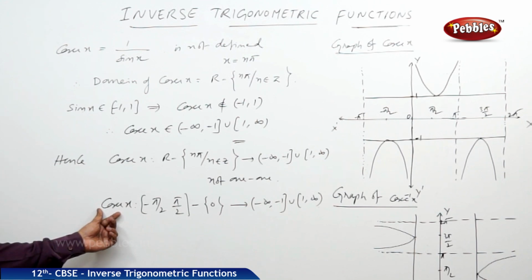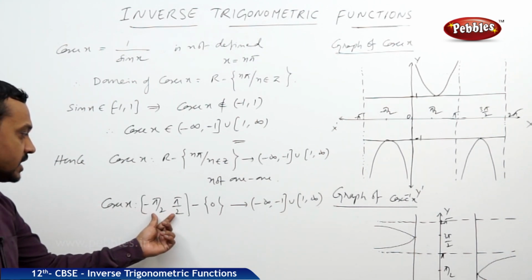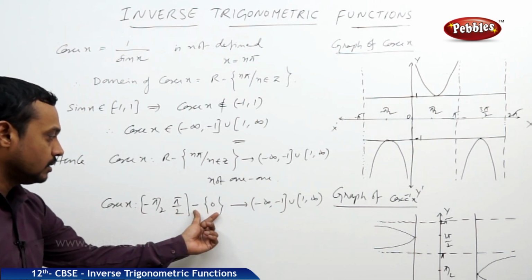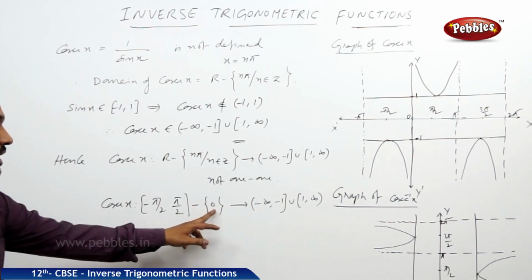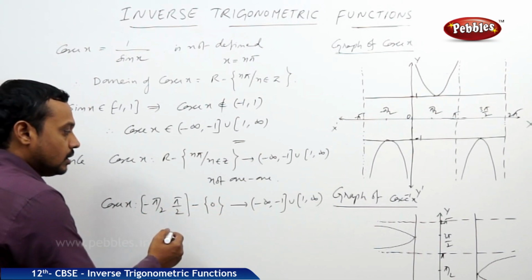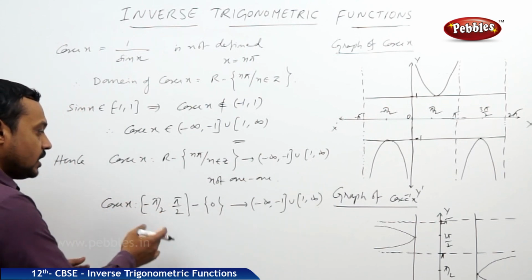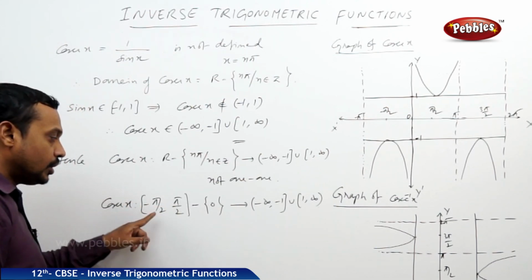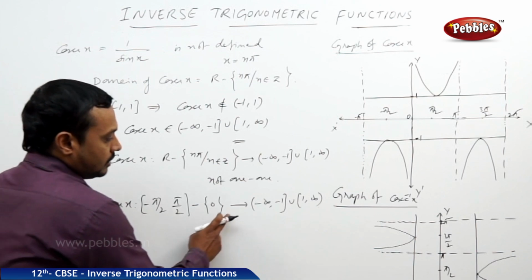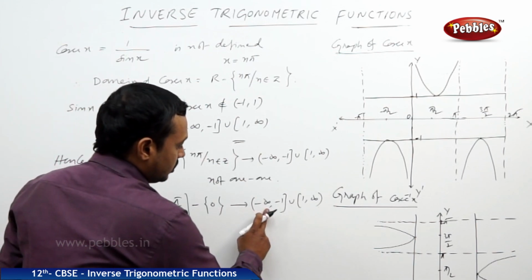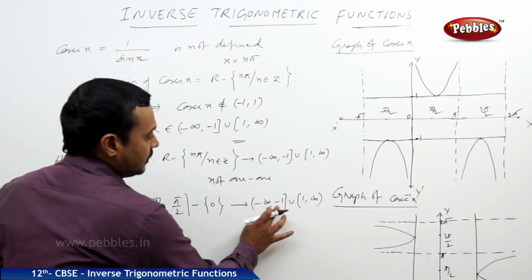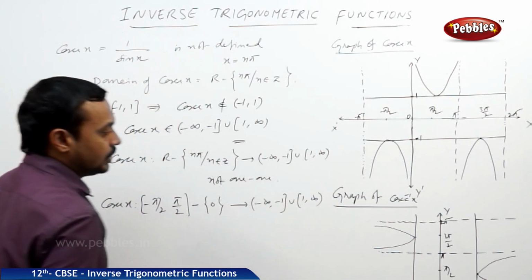So, don't consider the 0. And we can take all other values between minus pi by 2, including minus pi by 2, and pi by 2. Such defined from this set to minus infinity to minus 1 closed union 1 to infinity.